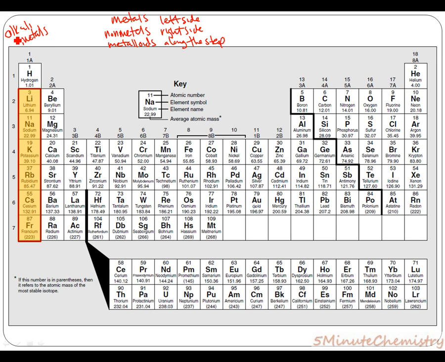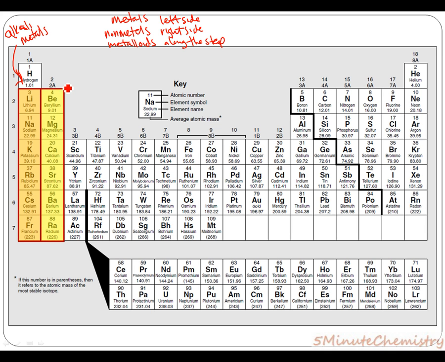Okay, so our alkali metals are found here in group 1A that you see bolded here. Notice hydrogen is not in that grouping. We're going to talk about hydrogen in just a sec. Something about alkali metals though, they have one valence electron and they are very, very reactive. They're soft, shiny metals, and they will react vigorously when thrown into water.